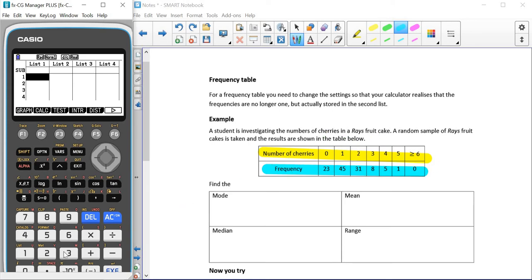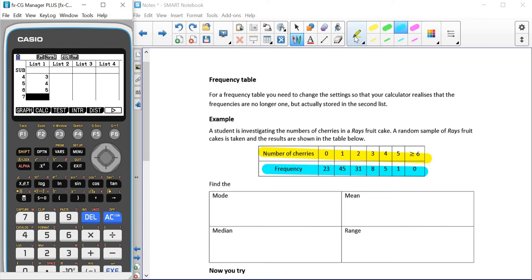So in the first list we're going to have 0, 1, 2, 3, 4, and 5. But if we have a look here, the 6 isn't a set number, okay? The 6 is saying greater than or equal to 6.